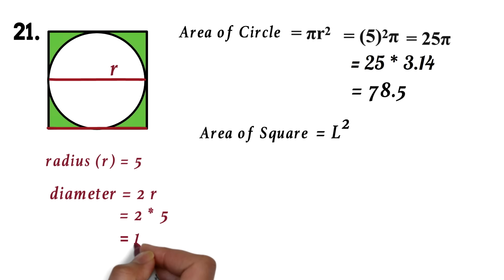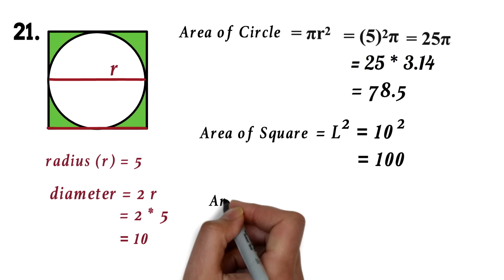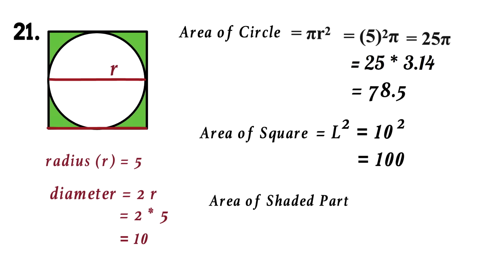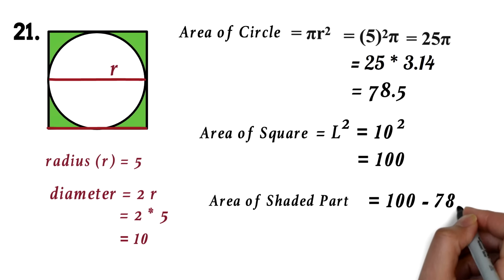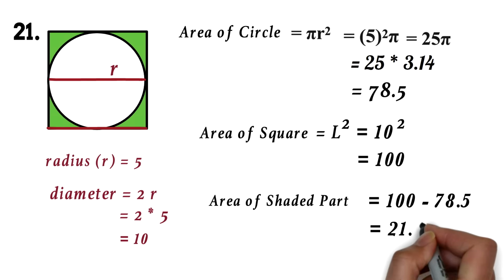The diameter is therefore 10, so the length of the square is also 10. Now we find the area. The area will be 10², which gives us 100. Finally, we subtract the two areas to get the area of the shaded portion. We have 100 minus 78.5. The area of the shaded portion is therefore 21.5.